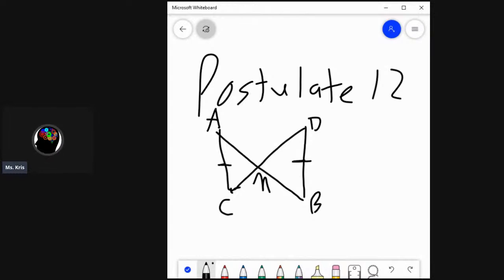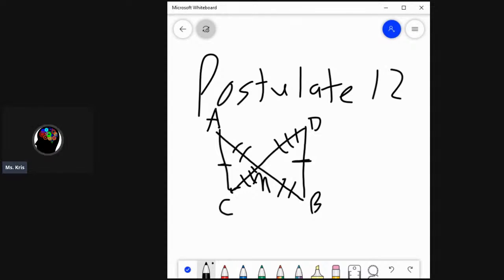So that means these sides are equal to each other. So now, if AB and CD are bisected, well, based on definition, if they're being bisected by M, that means AM is congruent to MB, and CM is congruent to MD.